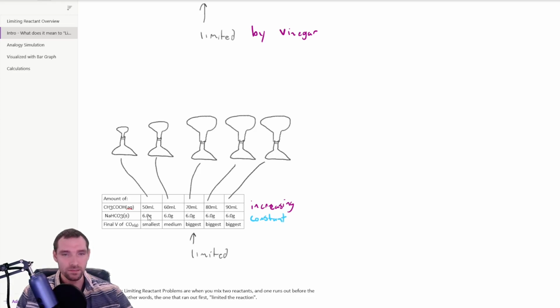And so in this, you can see, okay, yeah, there was the solid here, and we had different amounts of the liquid. It doesn't seem to matter if you add in more of the liquid here because we've essentially used up all of the solid. And if you do this, you can actually see that there isn't any solid left over. And so in this case, we're limited by not the vinegar, but we're limited by the solid, by the baking soda.